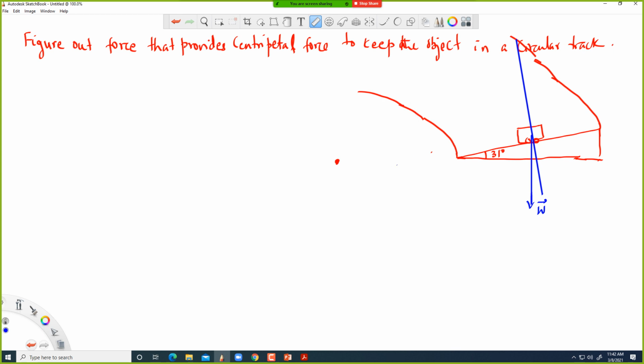That's the normal force. And what else do we have? There is also friction, but we will neglect the friction in this case.